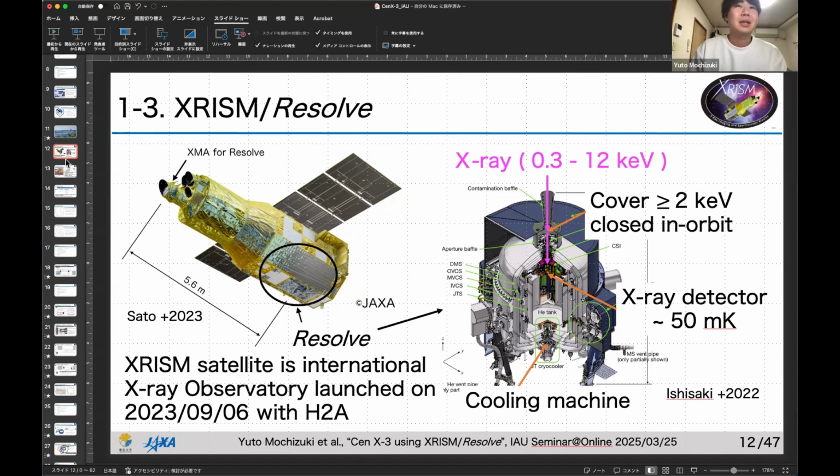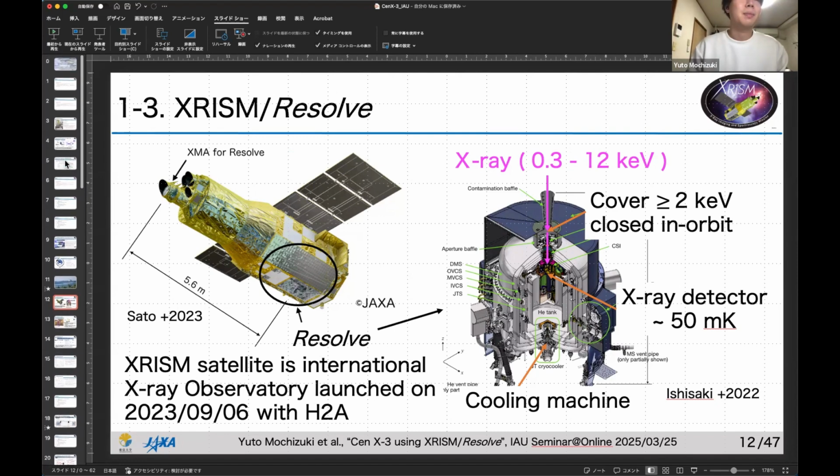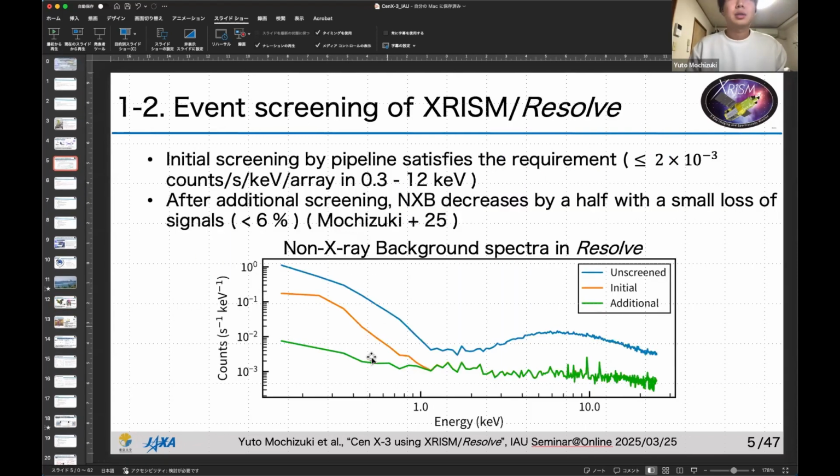XRISM Resolve has a high observation efficiency and a wide energy range. This satellite is able to observe a wide range because Resolve has a low background.